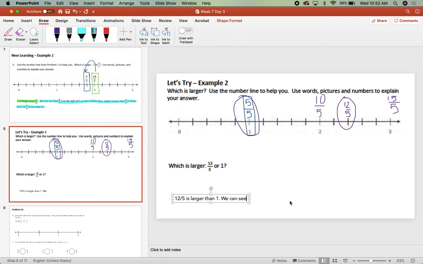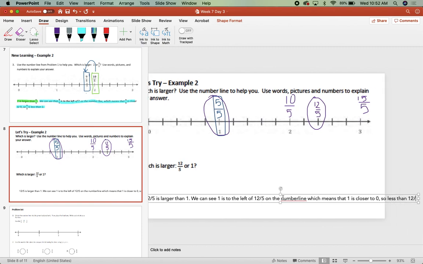We can see 12/5 is to the left of, or I'm sorry, 1 is to the left of 12/5 on the number line, which means that 1 is closer to 0, so less than 12/5.